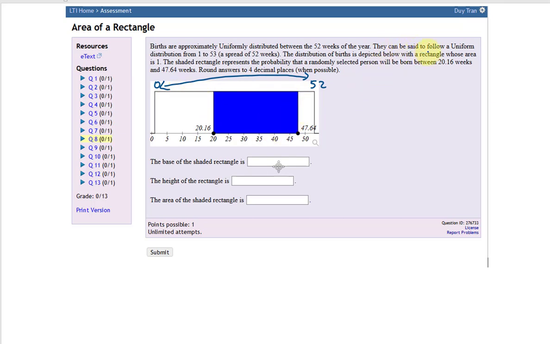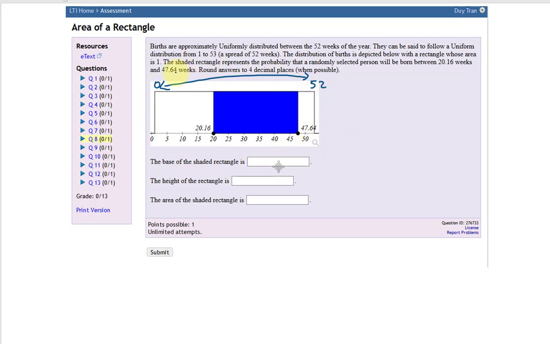They can be said to follow a uniform distribution from 1 to 53, a spread of 52 weeks. This distribution of the births is depicted below with a rectangle whose area is 1. So we know that the area of the whole big rectangle is 1.